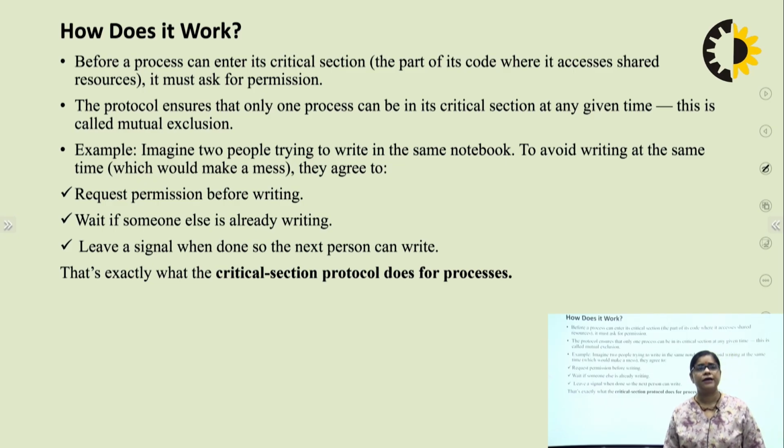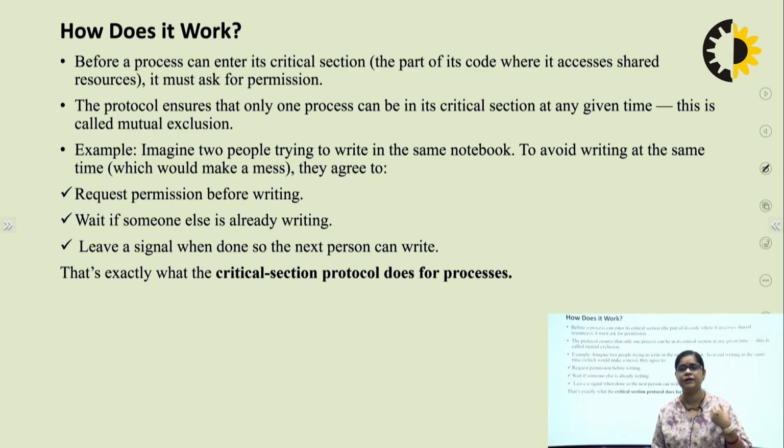When we talk about how the critical section works, when a process enters the critical section, mainly the critical section is a part of the code where we are accessing the shared data. It asks for permission before accessing the data. It doesn't mean that anyone will come and access the data.